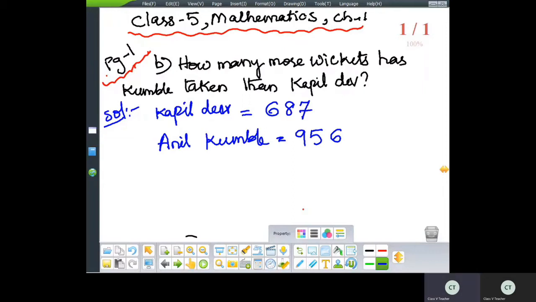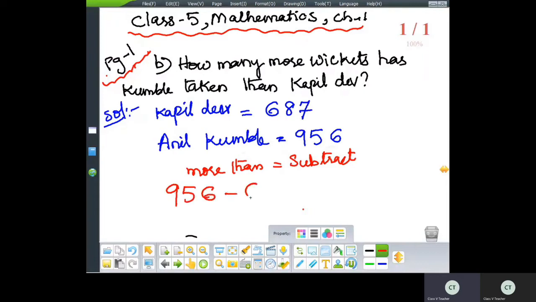Okay, children. So more than means what? Subtract. More than is subtract. As you know, we subtract the smaller number from the bigger number. So here the bigger number is 956. 956 minus 687. So let us do the subtraction part.